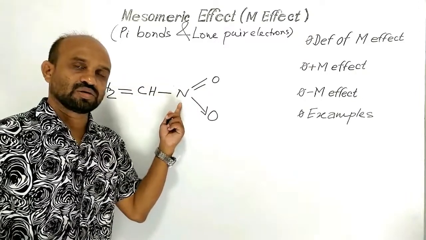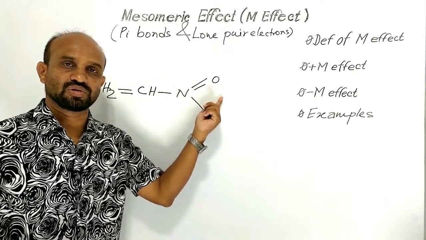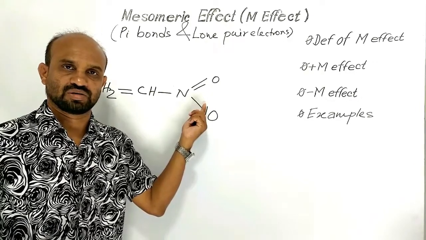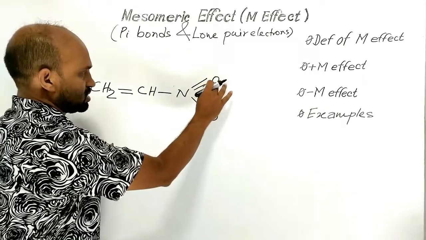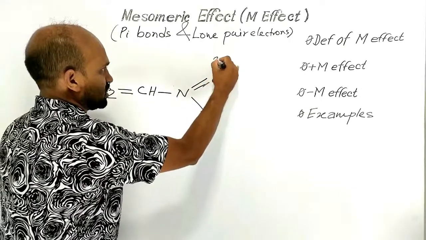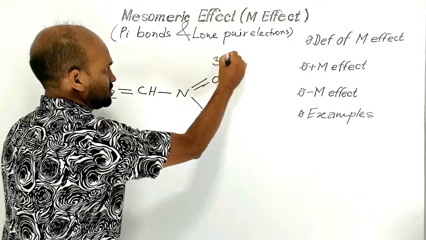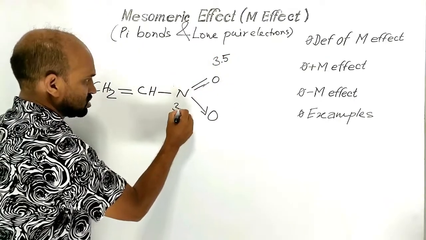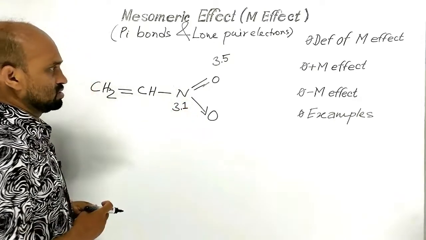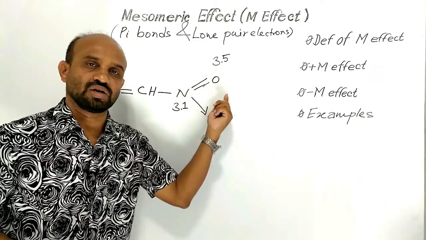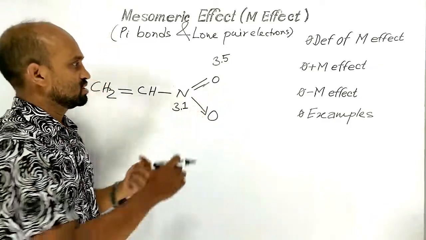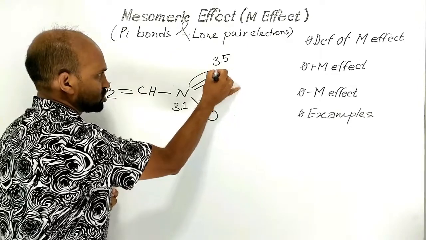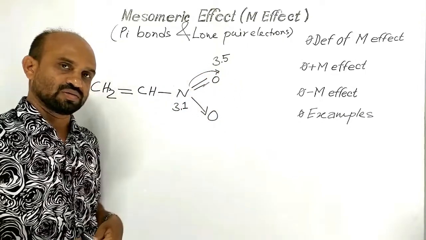This is a nitrogen oxygen double bond. Here the driving force is present. Oxygen is a highly electronegative atom. Electronegativity is 3.5, but nitrogen is 3.1. Because of the higher electronegativity of oxygen, pi bonding electrons move towards oxygen completely.